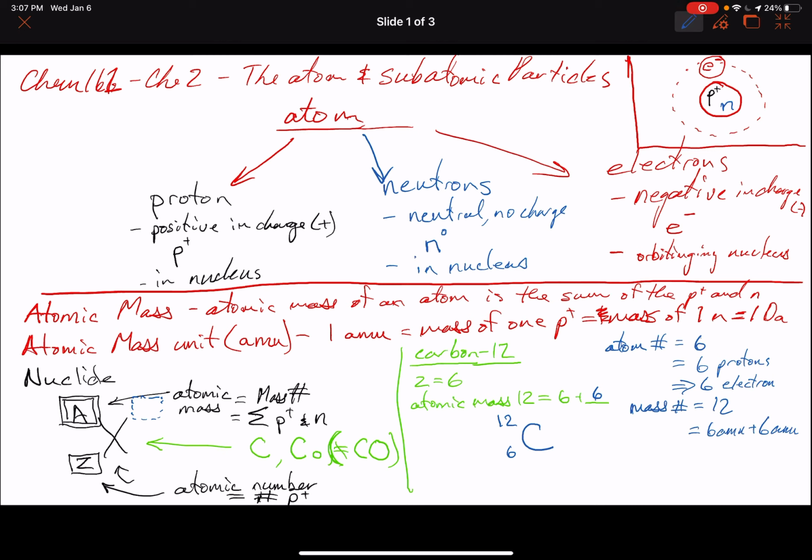Okay, so we've said a few things here. Let's not forget that when we use the word atoms, we are indicating overall neutrality. So that is a perfect balance between the number of protons and number of electrons.